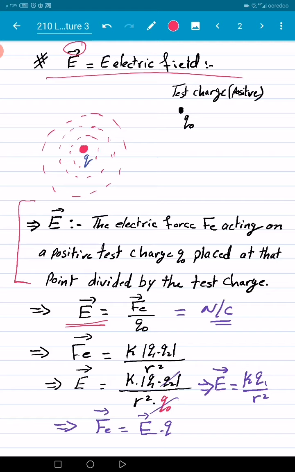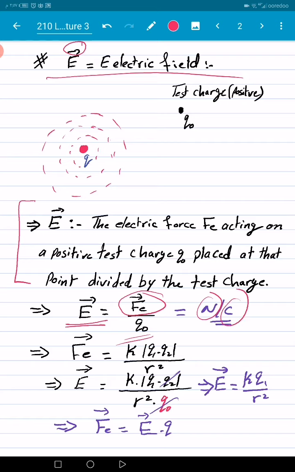It depends on the magnitude and the direction of this field. So it is equal to the force acting on the test charge placed in its area. The unit of the electric field is Newton per Coulomb.